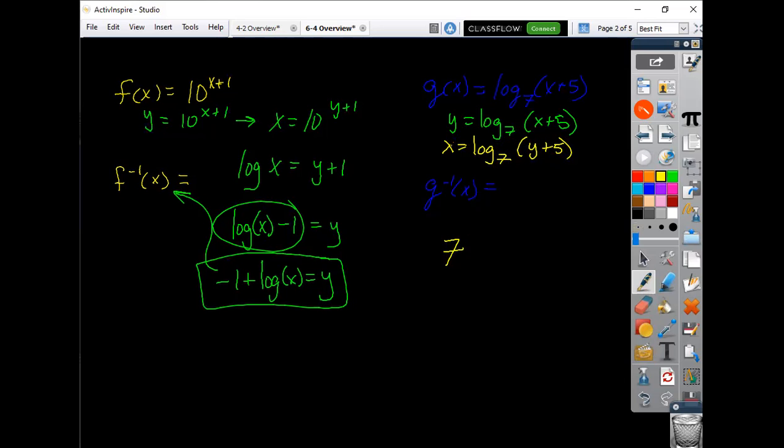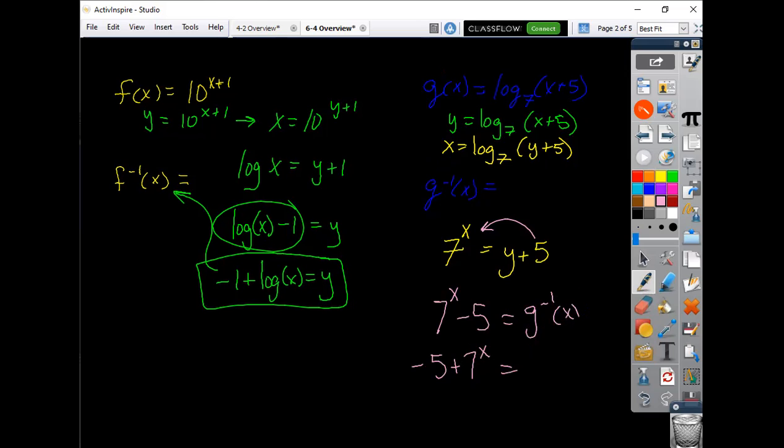So it's base 7 to the power of x equals what I'm taking the log of, my log expression there. And then after that, this plus 5 got to go over here to get y alone. So I would have 7 to the x minus 5 like that, or if you want negative 5 plus 7 to the x. And that whole thing is going to be this inverse function of g. So one of those forms.